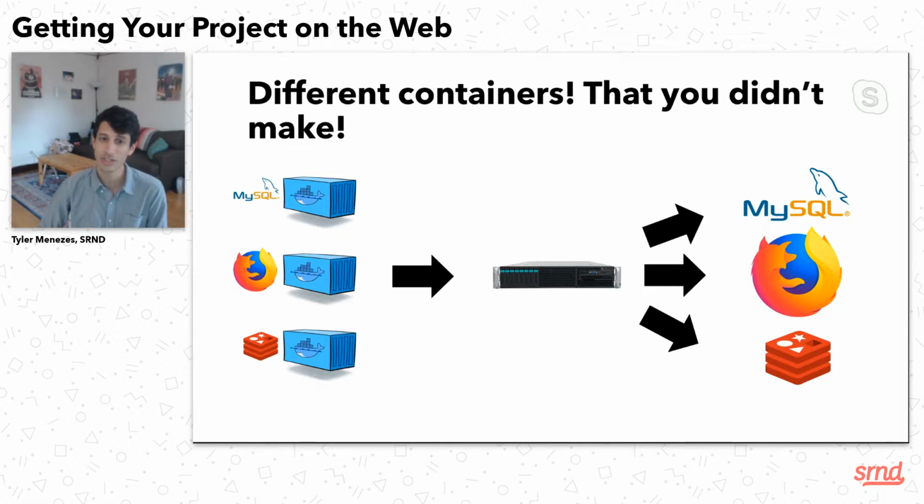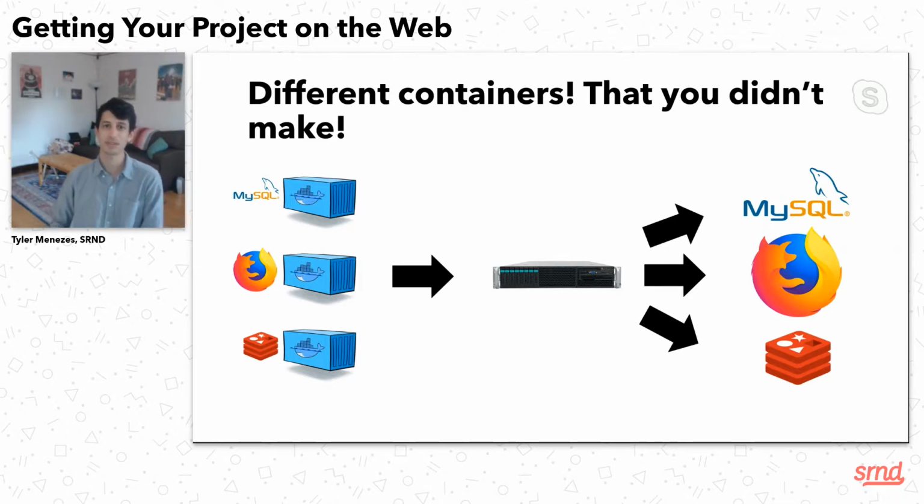And so you could package your app up with MySQL, or maybe you could just run MySQL in a separate container and then different apps could use it. But all of them can be running on the same server. Maybe you have 6 unrelated apps, and rather than buying 6 servers because they have some incompatibility in versions, one of them only runs on Red Hat Linux and one of them runs on Ubuntu, all of a sudden with Docker, that's no longer a problem. These are all things that you can do.